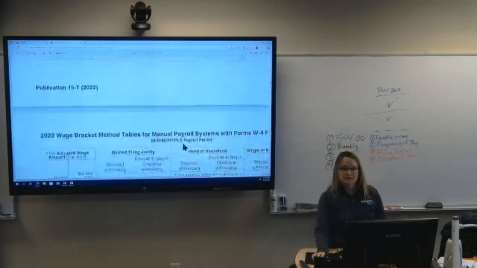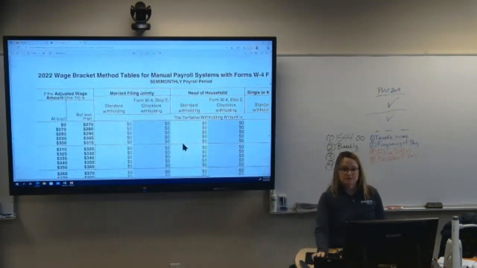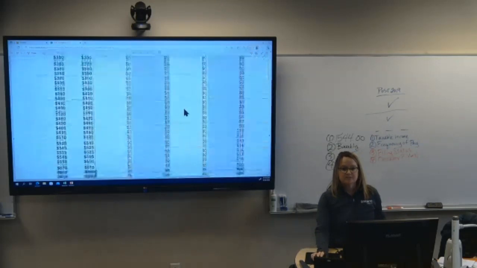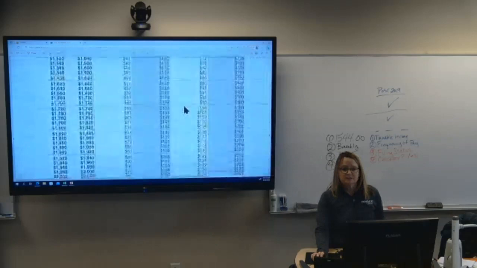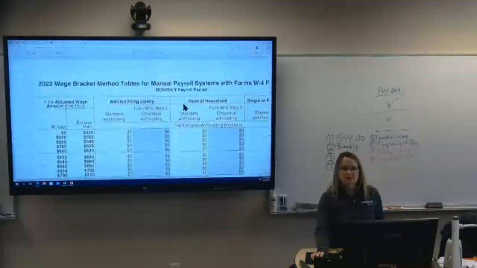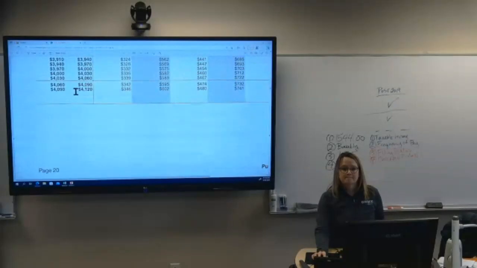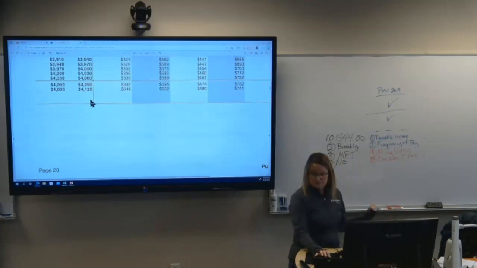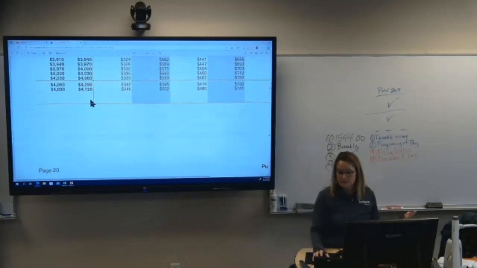So you'll see also, let me show you one of these other payroll periods. So here's semi-monthly. If you were semi-monthly and paid $41.20 or more, then you're going to have to use the percentage method because the table doesn't go beyond that.